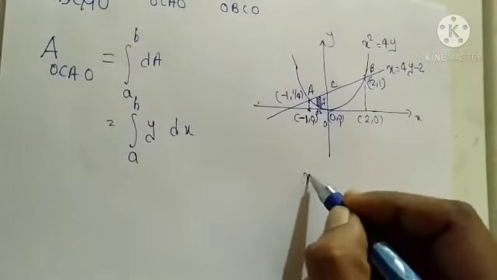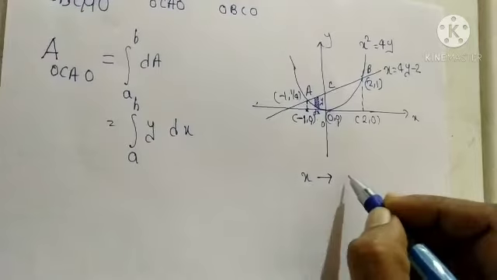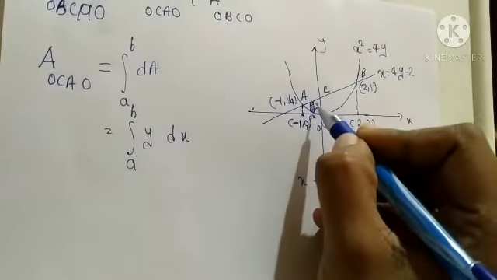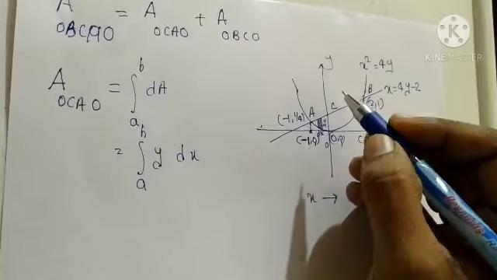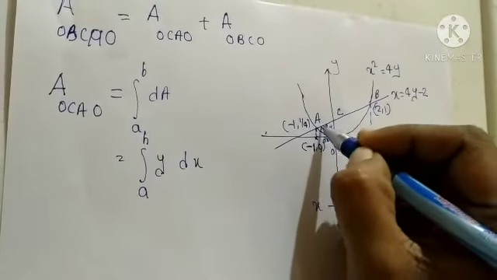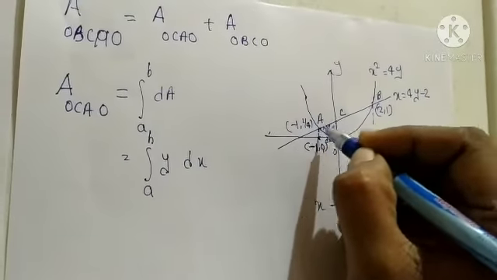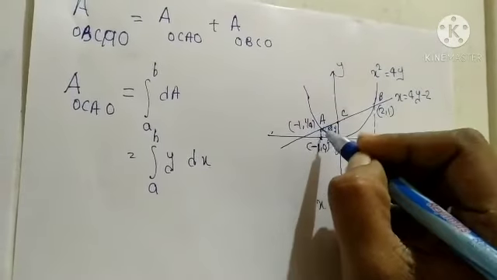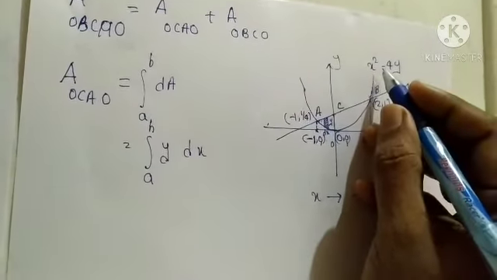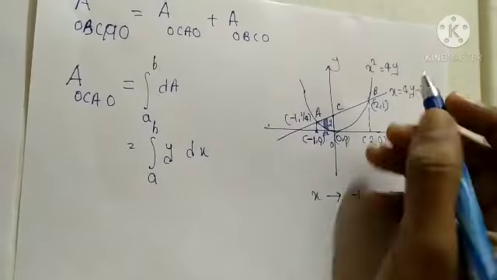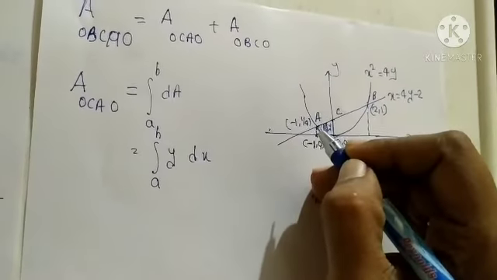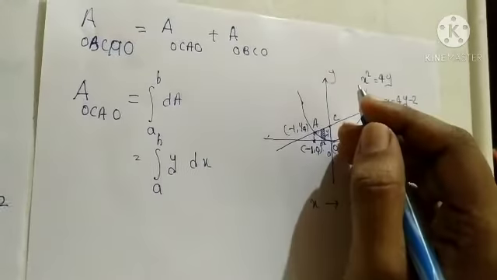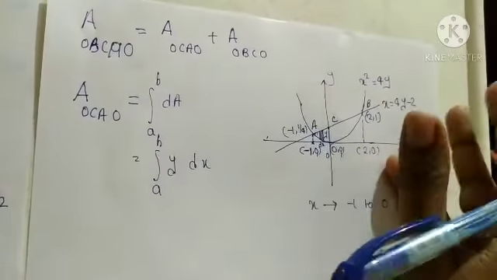So here we get x values varying from minus 1 to 0, and next we need to find out the function y. And here note that the shaded region and this small region contain two curves. First curve, the upper curve, is a straight line, and the lower curve is a parabola. So we need to convert both curves into a function of x.